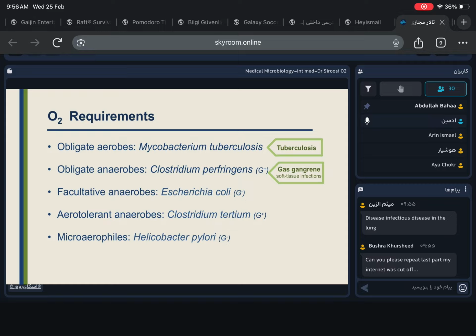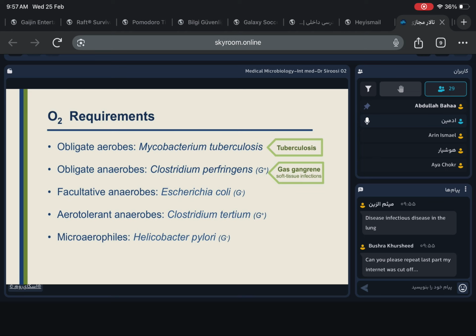Second, we have obligate anaerobes. As you can judge by their names, they cannot tolerate molecular oxygen. Molecular oxygen is toxic for them. They don't need molecular oxygen for their metabolism. And if you want to grow them in the laboratory, you need to make sure that you have removed all the molecular oxygen from their environment.